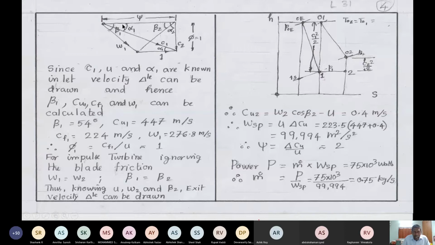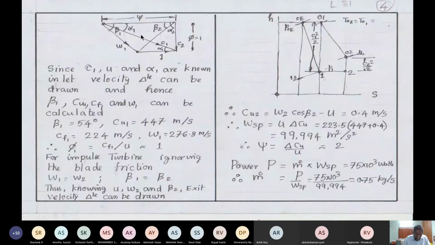Take psi, find out the midpoint, from there you drop a line, then that line has to divide this base in the ratio R to 1 minus R. So what is the value of R here? You have not formed, I think, a good general understanding of it. See, for impulse turbines, R will be almost 0. So R is 0 here.